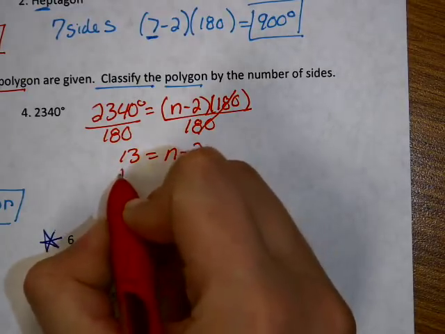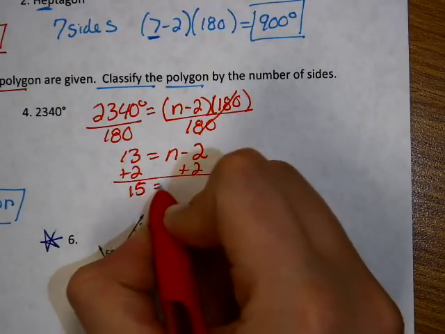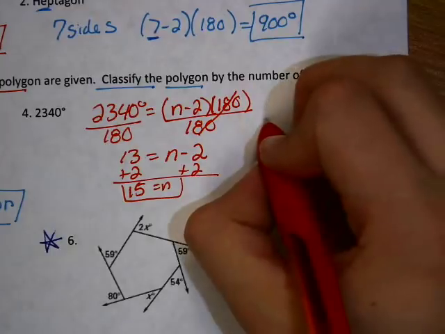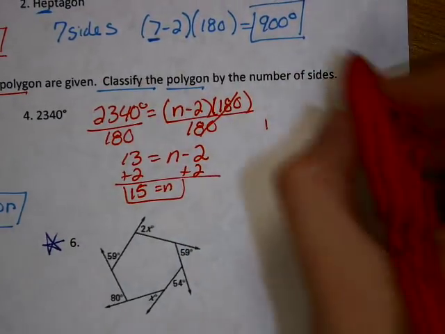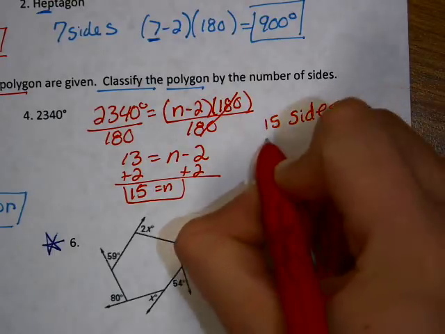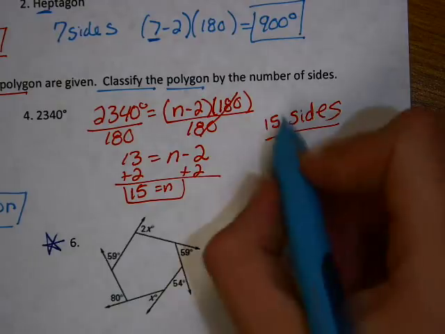Add 2 to both sides, and 15 is equal to n. So I have 15 sides, which means my polygon will be a 15-gon.